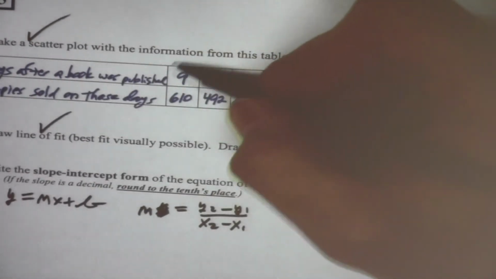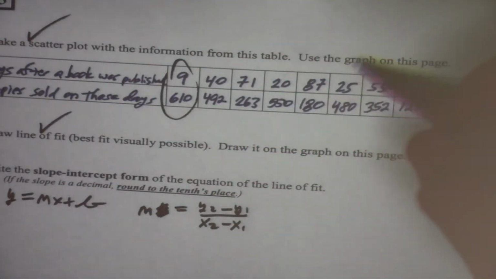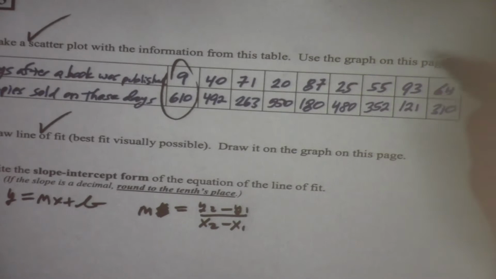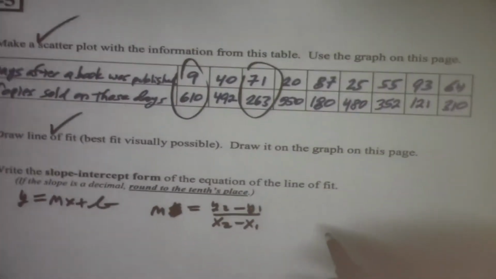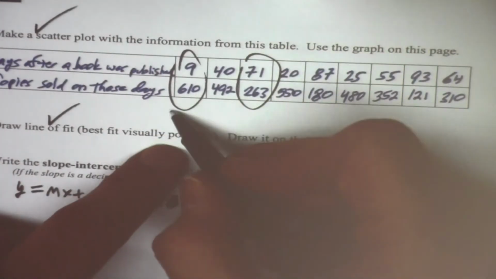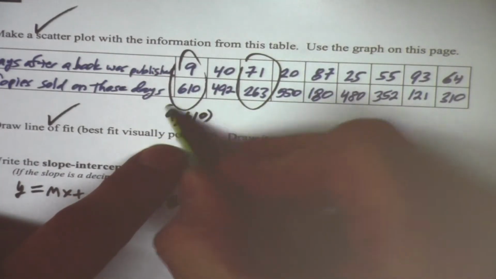Those 2 points are, back up here, I chose this one, and I ended up choosing the one at 71. So the other one down here is the one at 71, and 71 and 263. So I can write them as points like this.